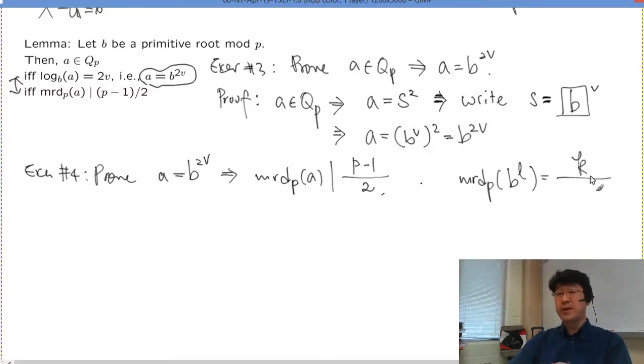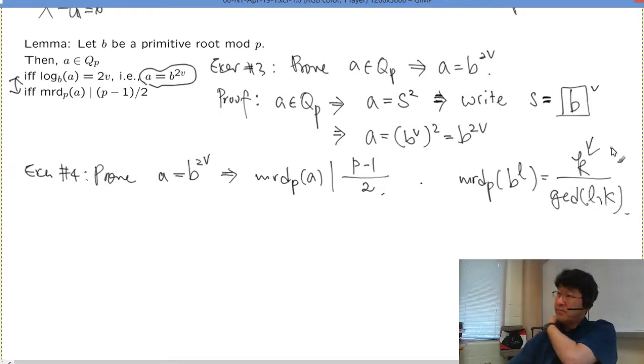The order of b, which is k, divided by GCD of L and k, right? What is k in this case? P minus 1, because b is the primitive root. So put this information into this statement and see if you can pull this one out. That's the idea.